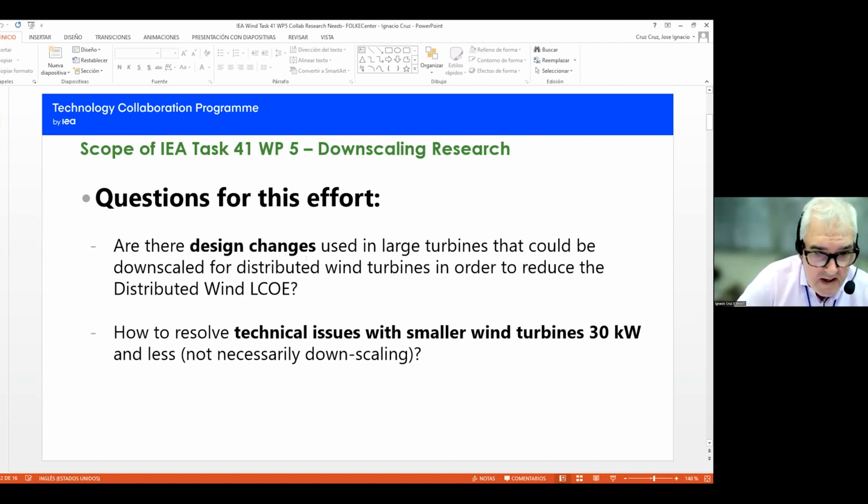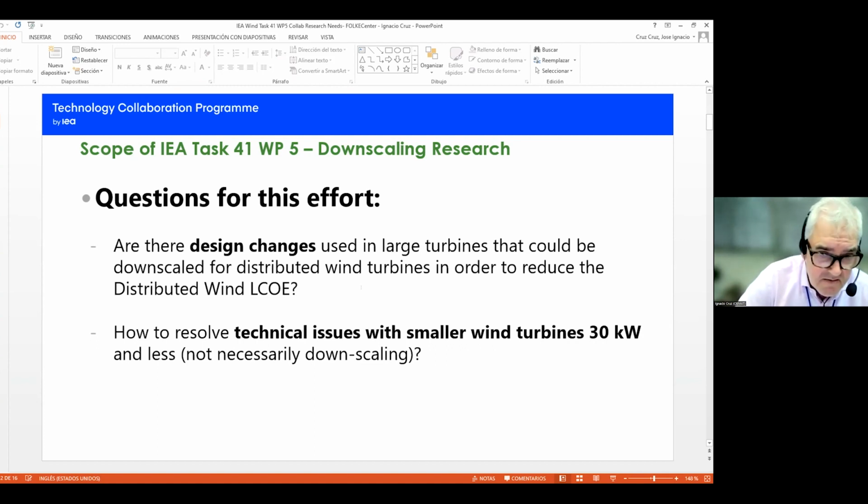The first question is to define the design changes, using large wind turbines, that could be downscaled for distributed wind turbines in order to reduce the distributed wind LCOE, the levelized cost of energy.